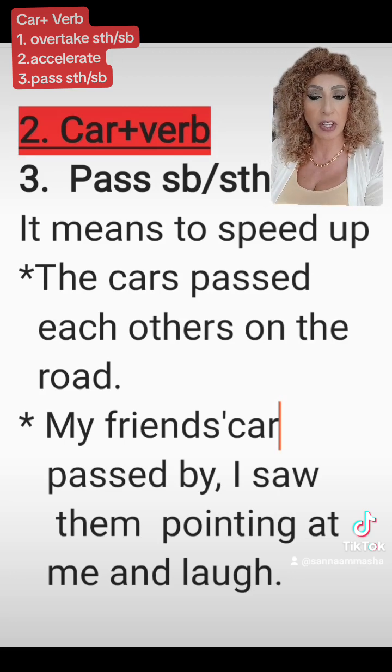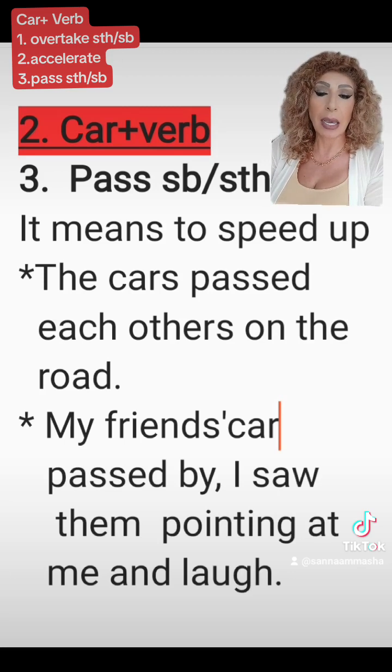So I use after the verb pass me, which refers to somebody, but we don't mention it here because it's clear in the second clause. I saw them pointing at me. So I mention me here. If I write by me and then mention me again in the second clause, the meaning will be poor, will be weak. So I wrote it in the second sentence to make the meaning right.